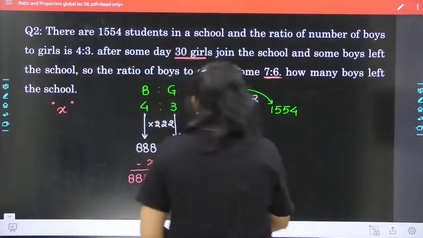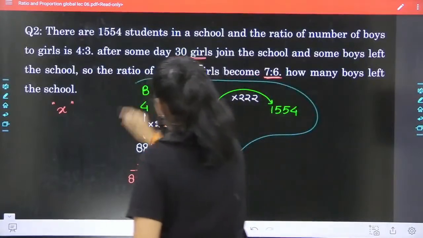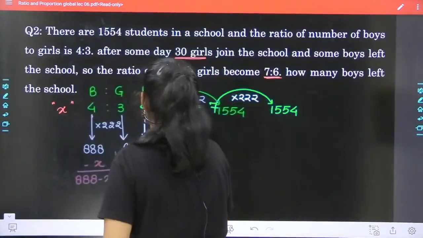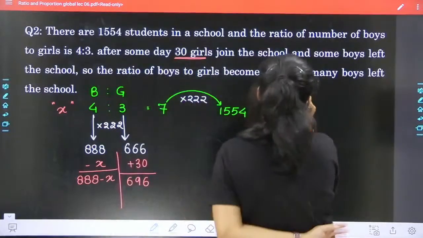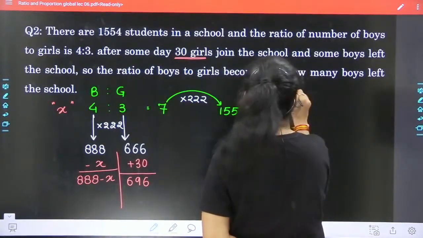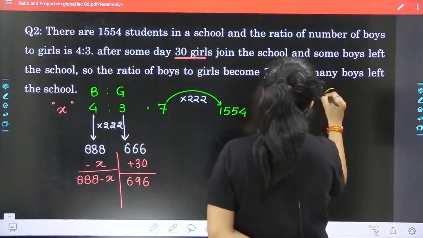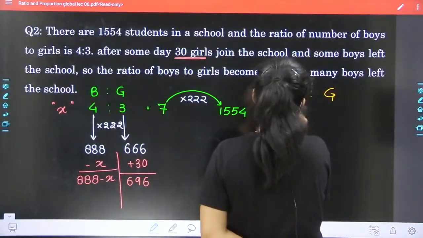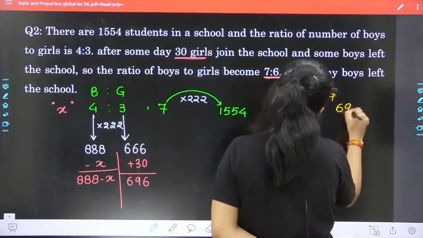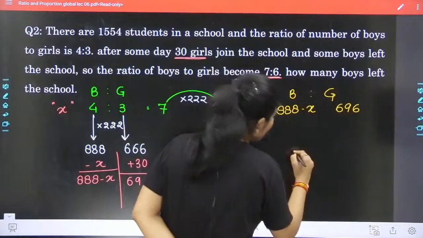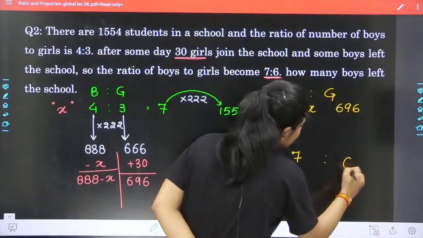That means I can say that if I am having boys and girls as 888 minus X and 696, this ratio will become 7:6.